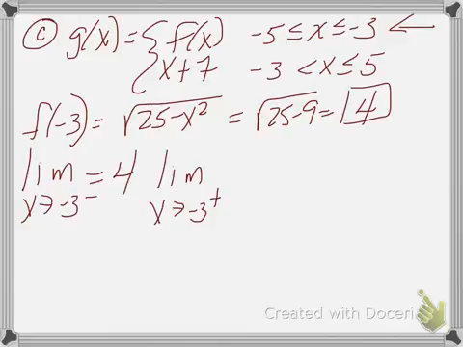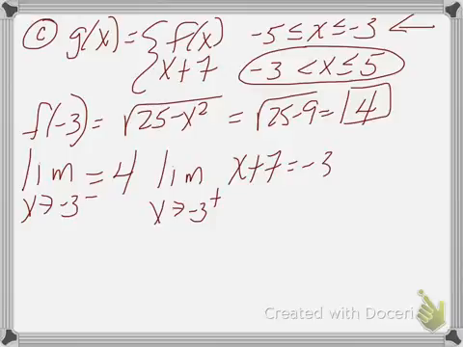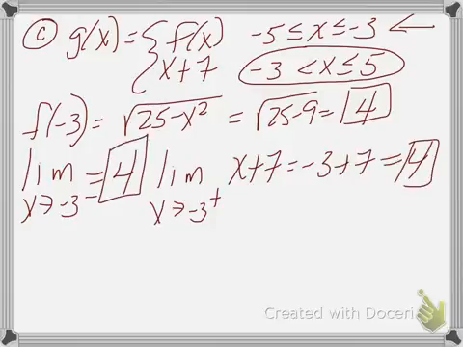No, okay. When x is bigger than -3, you're going to use this one. So x plus 7: -3 plus 7 equals 4. The limit from the left is equal to the limit from the right. Therefore, we can say that the limit as x approaches -3 equals 4.